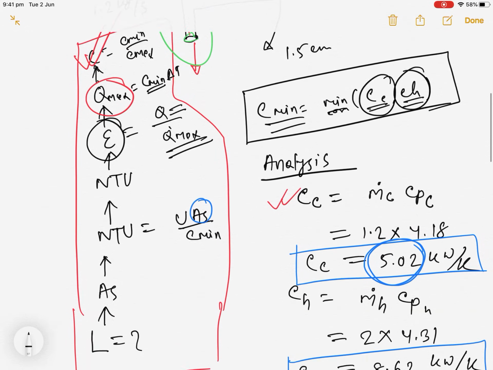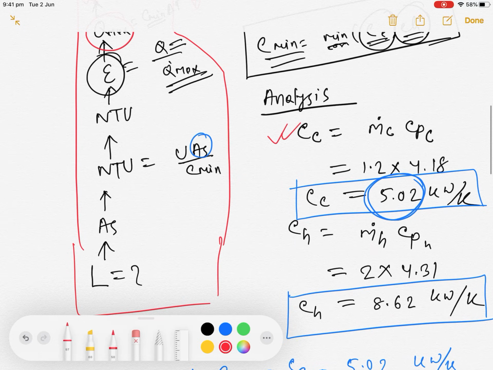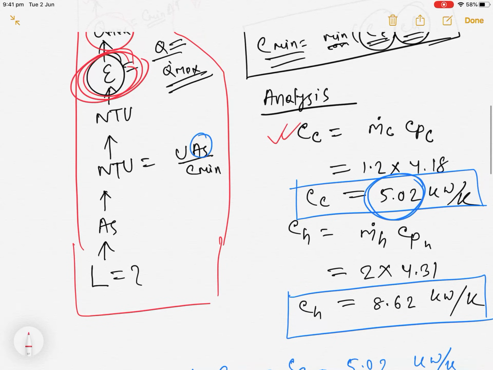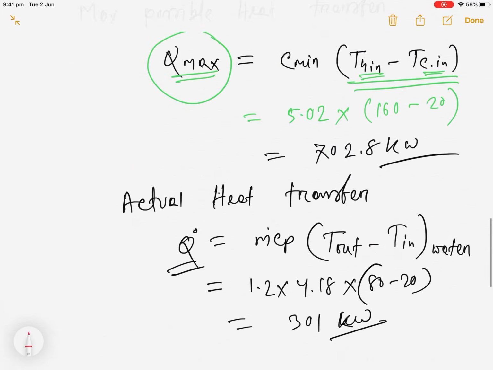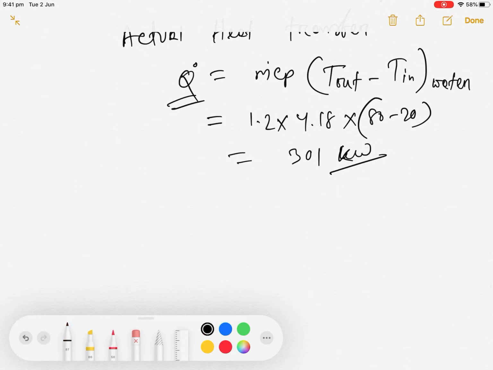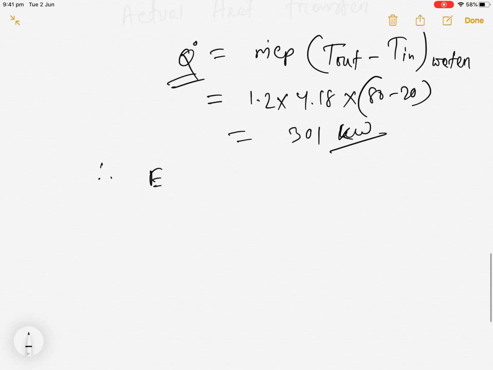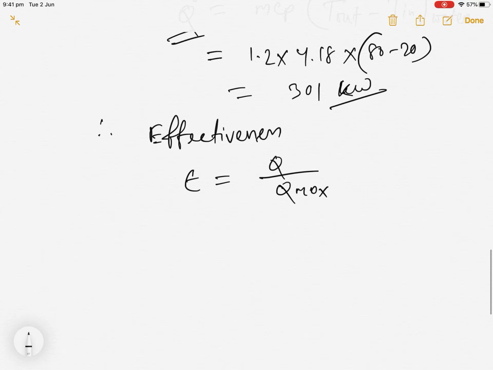So now once you have these two, Q max and Q, then calculate the effectiveness from here. Once we have this effectiveness, we will go for NTU. All right. So the effectiveness, we'll say epsilon equals Q over Q max.